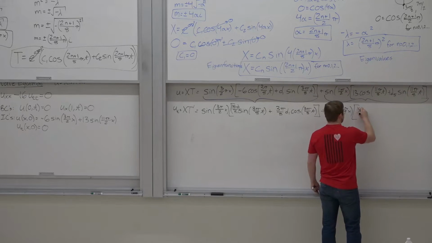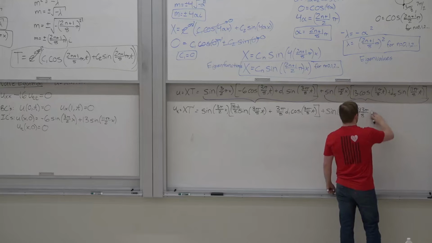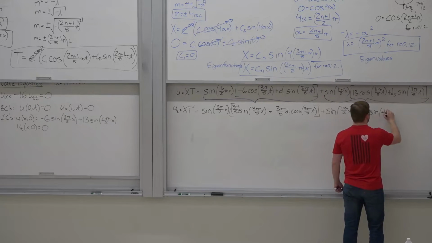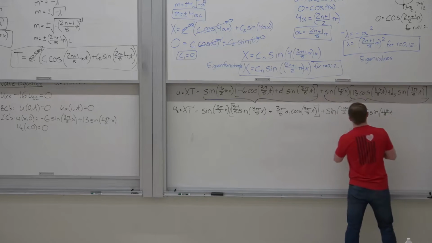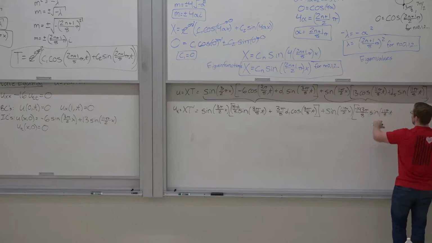So we have 143 times pi over 8 sine of 11 pi over 8 times t. We have a negative in front of that coefficient. That's because the derivative of cosine is a negative sine.